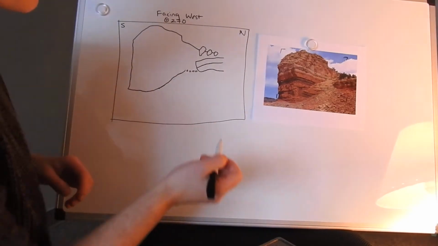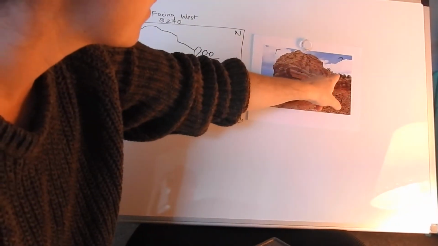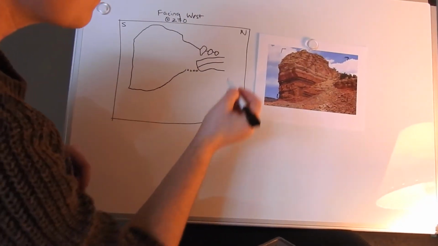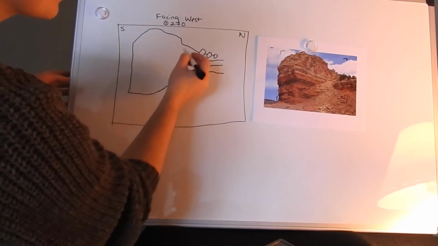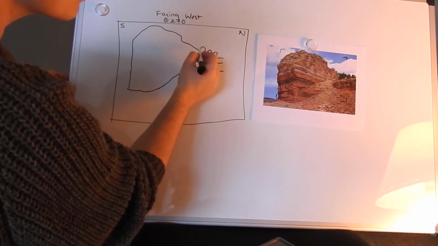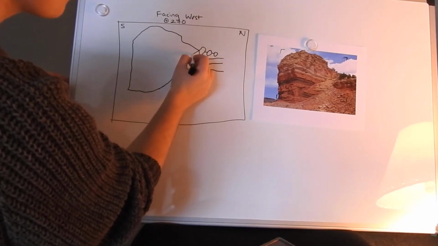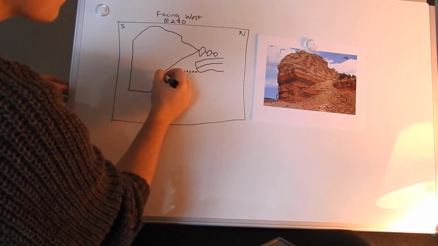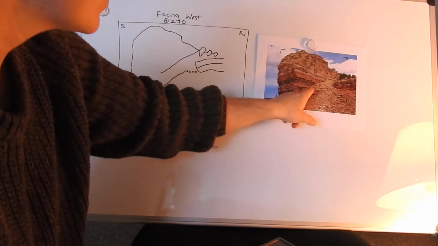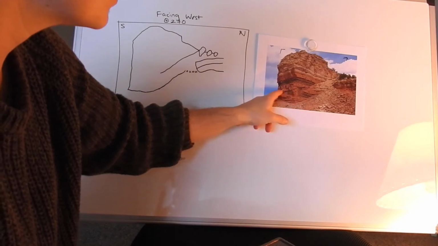The next thing I'm going to try and do is draw in some of these major fault lines. So one of them starts right up at the point between the hill and the vegetation, and it comes down at about the same angle as down here. So it goes like that. Now when it gets down here, it turns and then comes down and over.